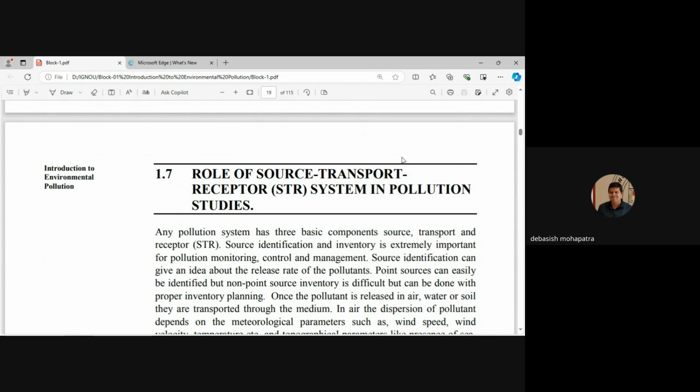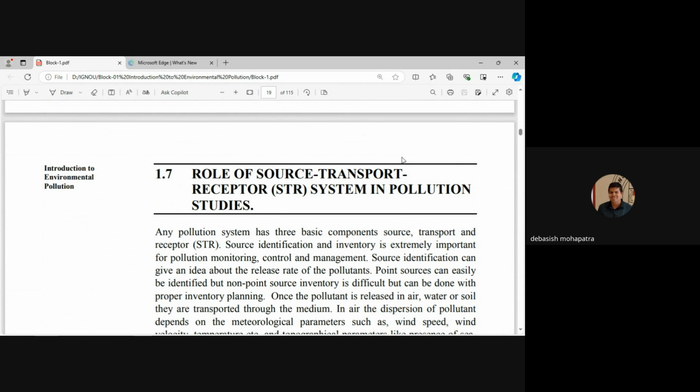The role of source, transport and receptor, or STR, systems in pollution studies. Air pollution systems have three basic components: source, transport, and receptors.